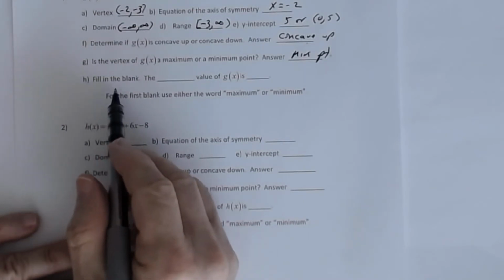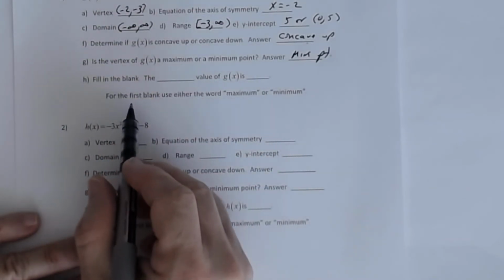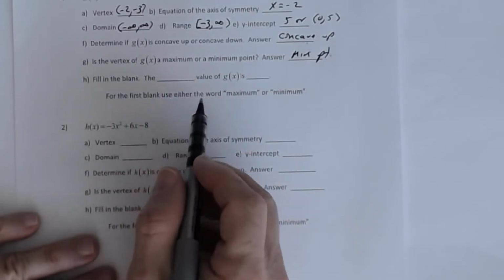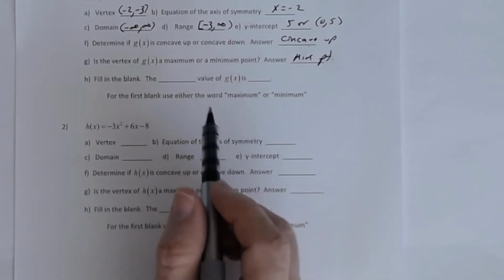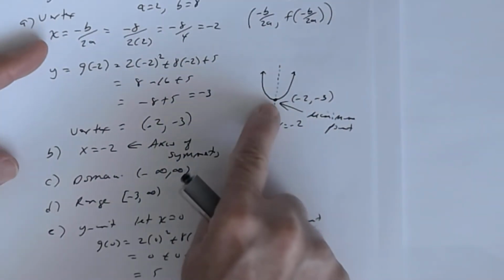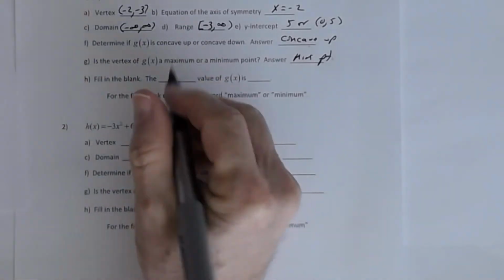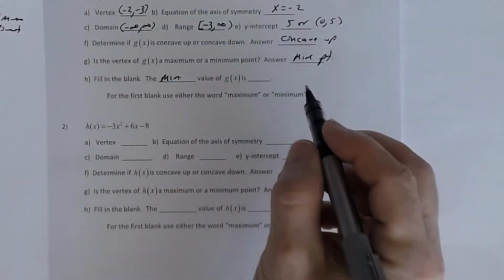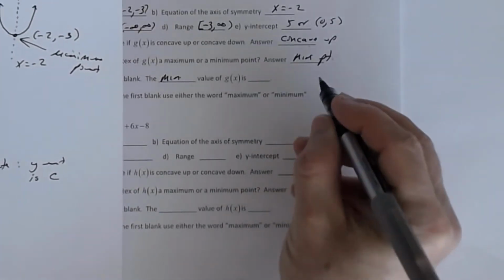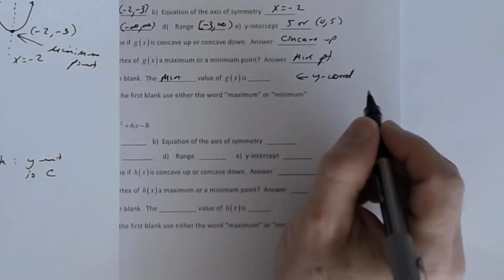All right, so then it says fill in the blank. So the blank value of g of x is blank. For the first blank, use either minimum or maximum. Well, we know that this is a minimum point, right? And so we're going to say the minimum value. And when you're talking about value, you're talking about the y-coordinate. That's important. Not the point, the y-coordinate.